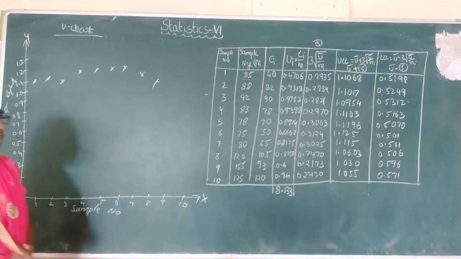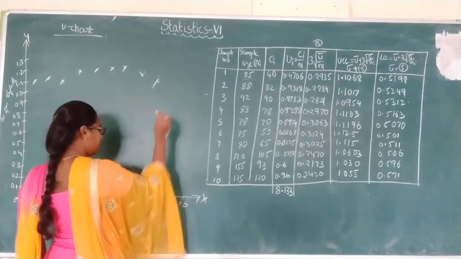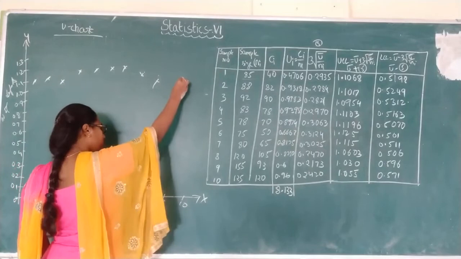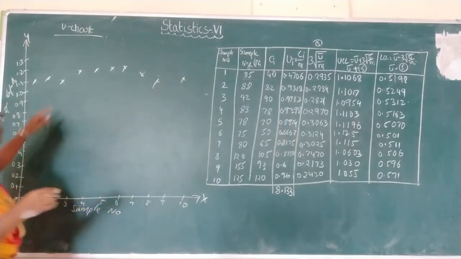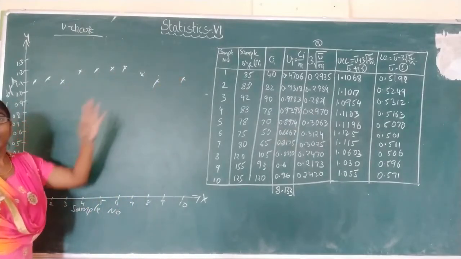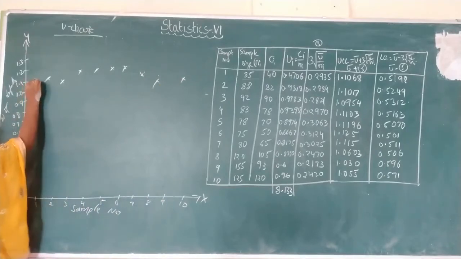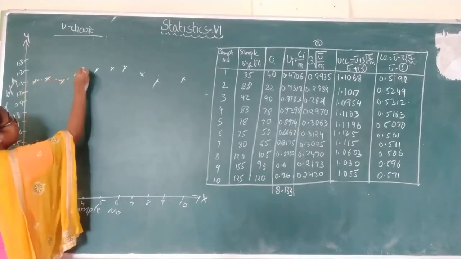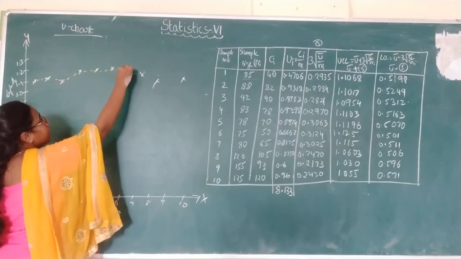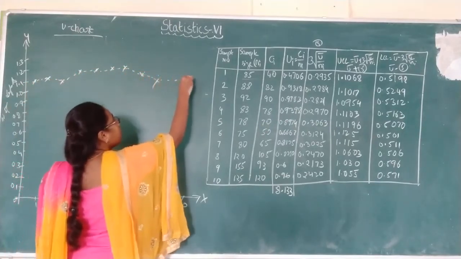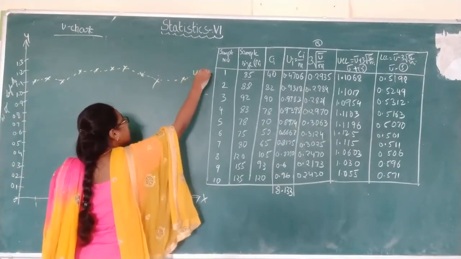The last one is 1.0 itself. So now join all these values with a dotted line. You will get the required UCL value. So this is the UCL value.